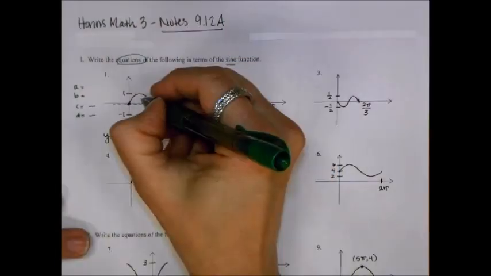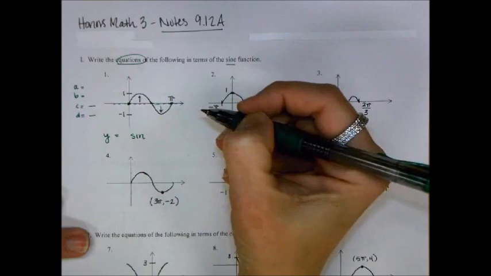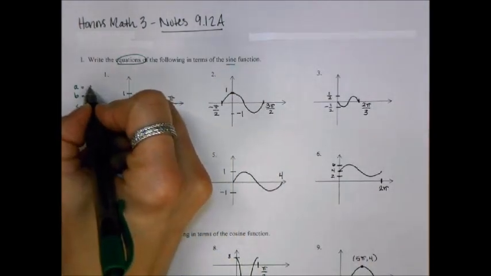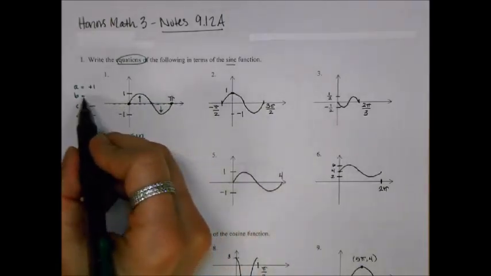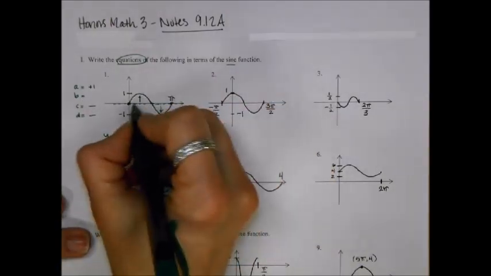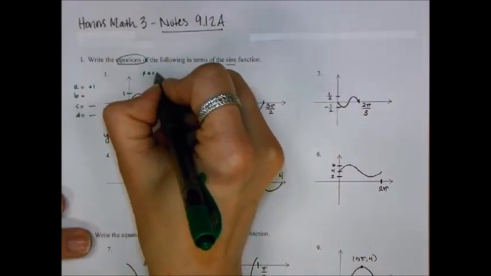A, our amplitude, is up 1 from the equilibrium or down 1 to the max or min. So it is going to be a positive 1 that we'll start with here. And then b affects the period length. So notice beginning to end, 0 to pi is a total distance of pi.